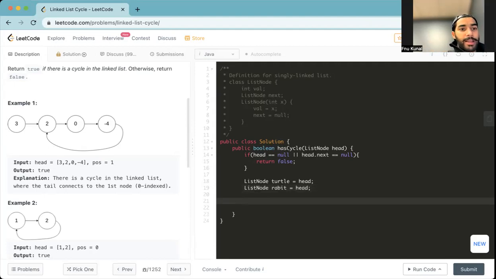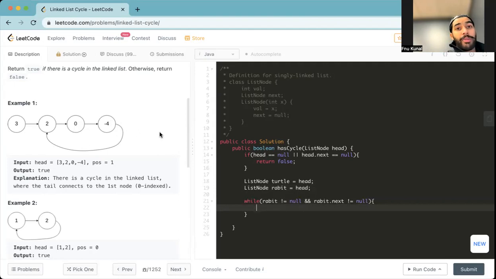So for that, we are going to run a while loop while rabbit is not equal to null and rabbit.next is not equal to null.